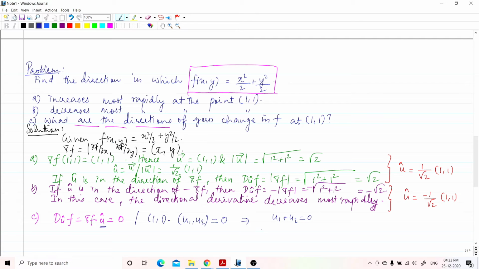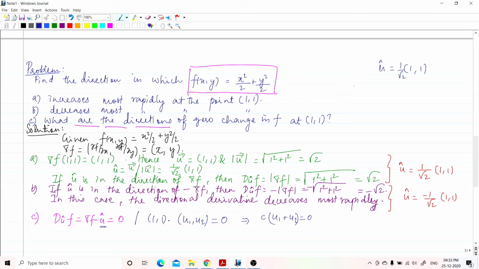Yes, sir. And you have very well found that your u vector is 1 upon under root 2 times (1, 1). Even if you have some constant multiplied with this, it can be 0. Even if u1 plus u2 is 0, some constant multiple of the same quantity is also going to be 0.